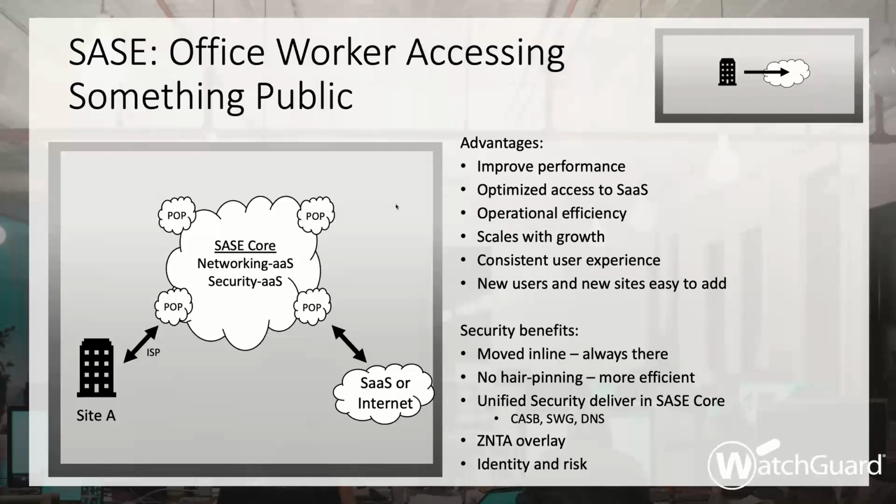Again, you have that unified security stack. Here is really important. Now that I start talking about users accessing applications, I can overlay these zero trust concepts, right? Of zero trust network access, of just allowing the user very granular access to only the things that they need to get to, to reduce that threat surface.